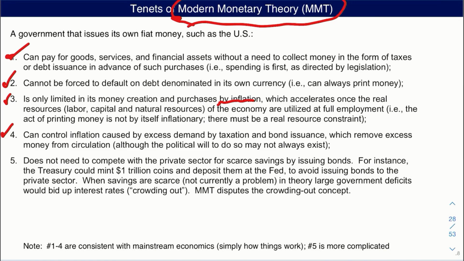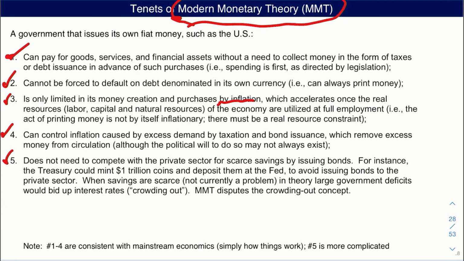And then the last one is the more complicated one. Traditional economics that we all studied in school says that if the government is running a huge budget deficit and it's issuing bonds like crazy, it's demanding savings. It's trying to get savings from people, wanting people to give the government their savings in exchange for a bond.